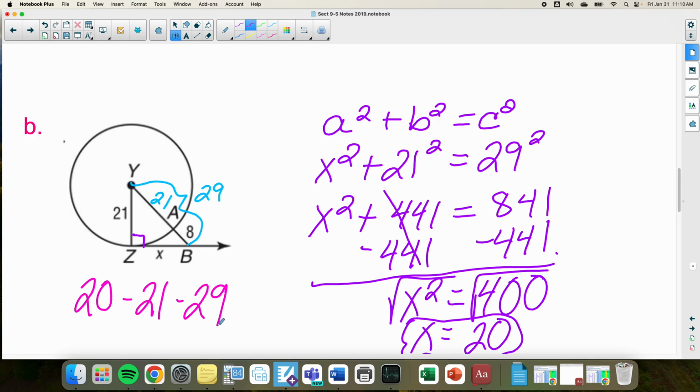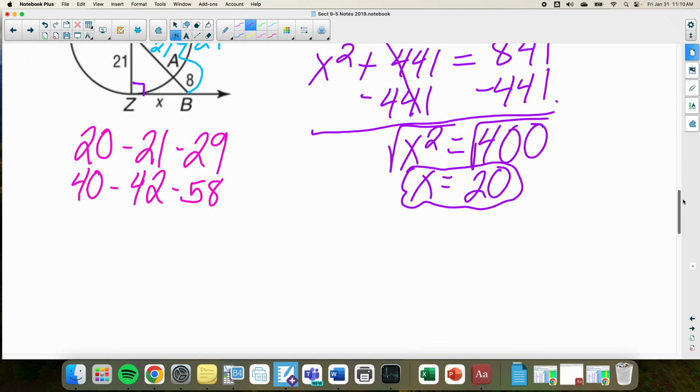I didn't include all of them on that sheet, but that is one of them. And then if you doubled all of those, that one would work too. Okay, and that's probably as high as they would go on that.